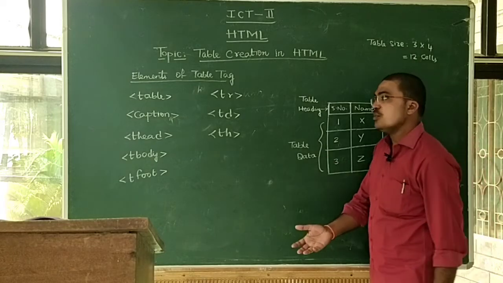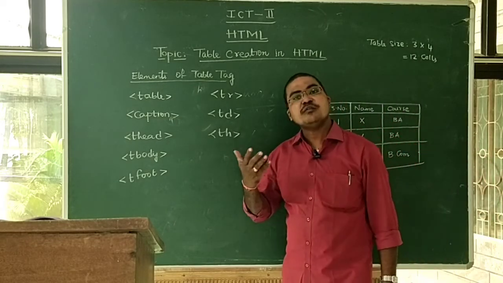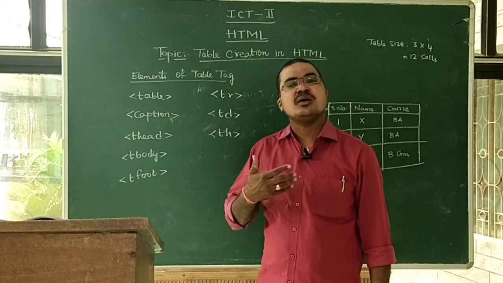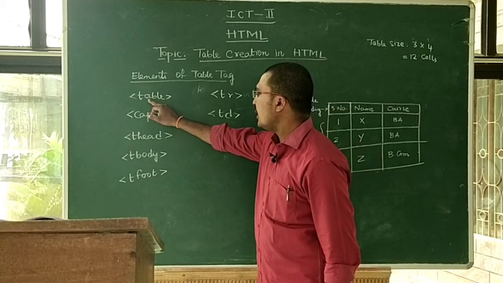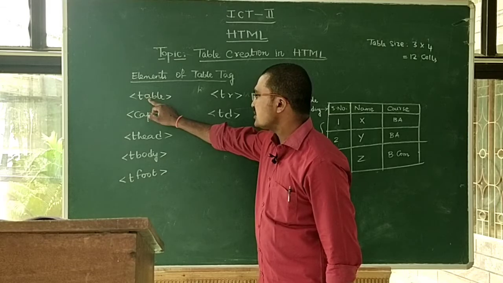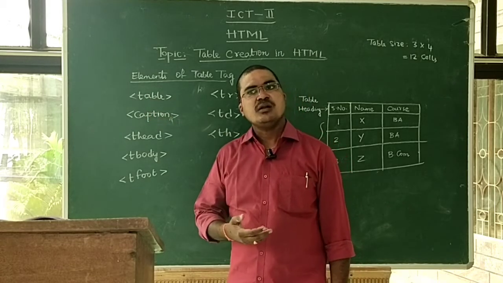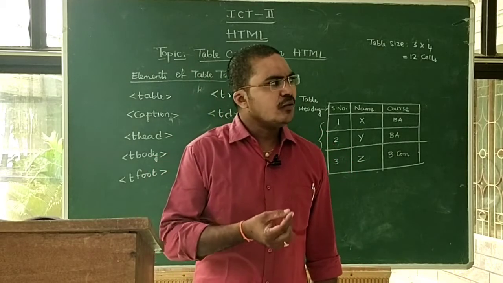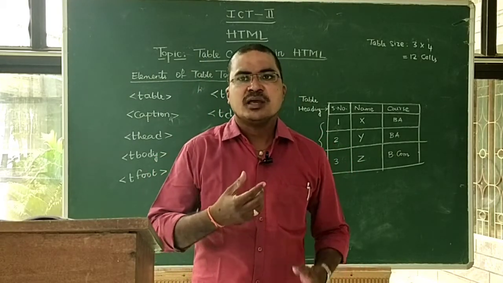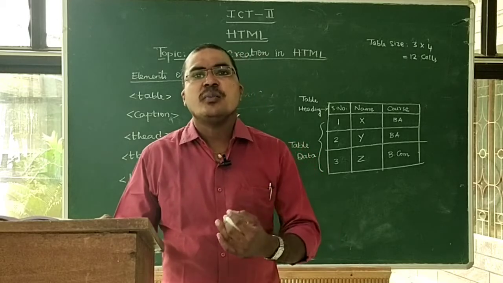Let us discuss what the different elements are in the HTML programming language. Okay, first, the tag name is called table. For example, if you want to make a table in a web page, then you give a command in programming saying, this time I want to make a table.